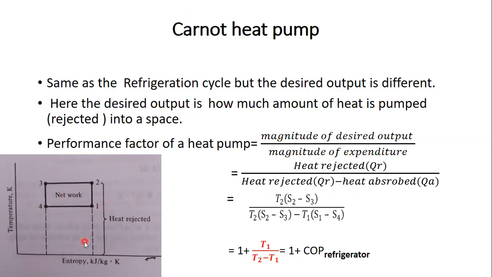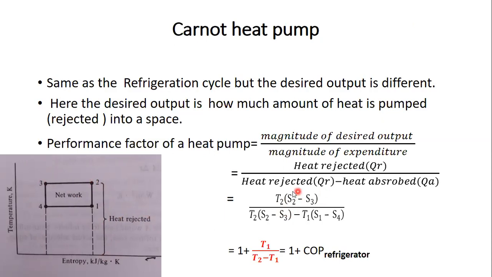Process 4 to 1 is the heat absorbed from the low temperature air outside our room. Then during the process 2 to 3, the heat is rejected to the inside of our living room. The area under 2 to 3 is the heat rejected.